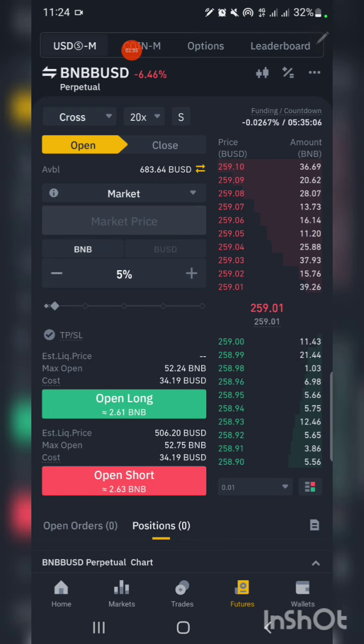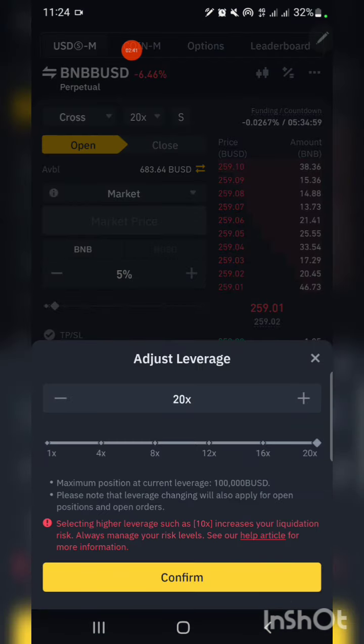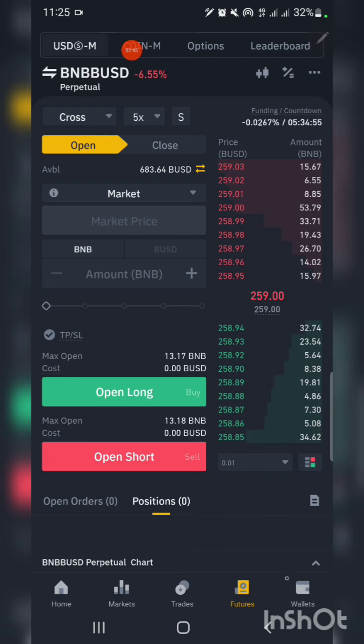That way your trade will still have no liquidation price. But I don't trade higher leverage, so I'm trading 5x. Because I'm trading 5x, I'm going to expose 20% of my wallet balance.